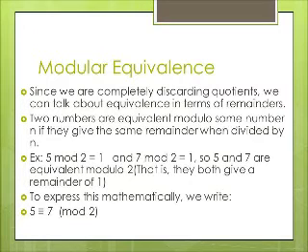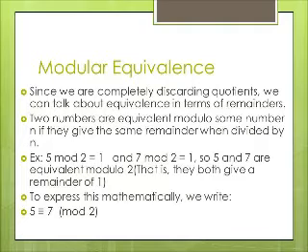Since we're talking about remainders, we can now talk about new notions of equivalence amongst integers. As we're completely discarding quotients, we can talk about equivalence specifically in terms of remainders. Two numbers are equivalent modulo some number n if they give the same remainder when we divide them by n.